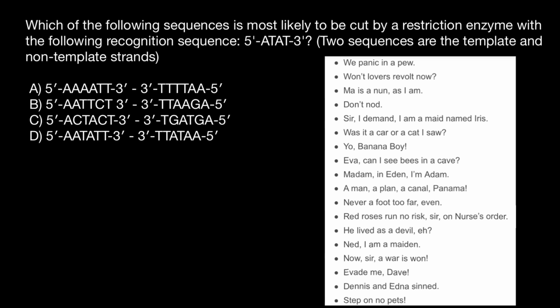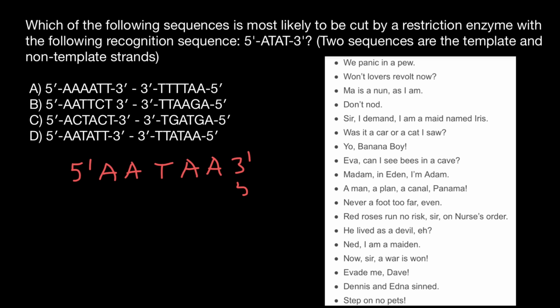For example, let's say we have a sequence which is 5' end A, A, T, and 3' end. You might think this is a palindromic sequence, because we can read it both ways and it's going to be the same, but it's not quite so, because we have to build the complementary strand of the DNA.